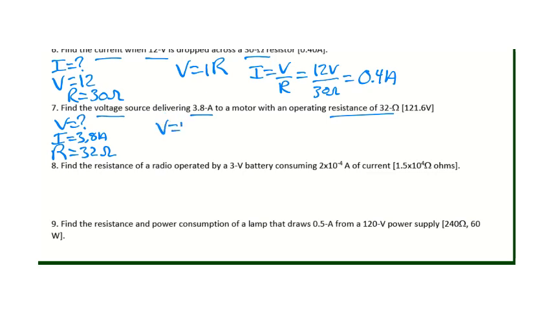Ohm's law, V equals IR. We get 3.8 amps times our 32 ohms. So again, I multiply that out on your calculator. And when you do that, you should get 121.6 volts.